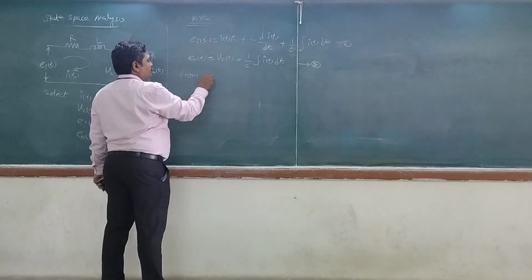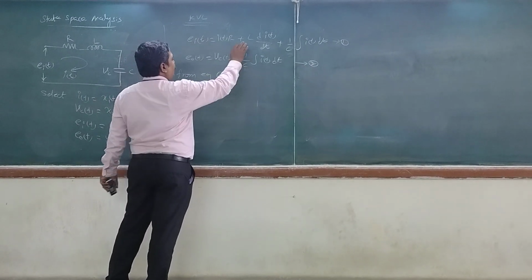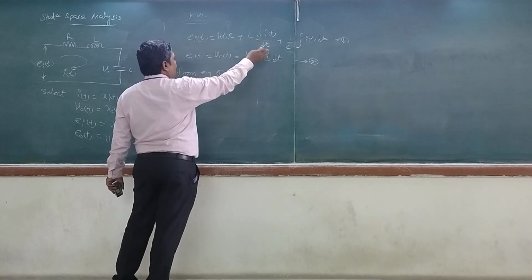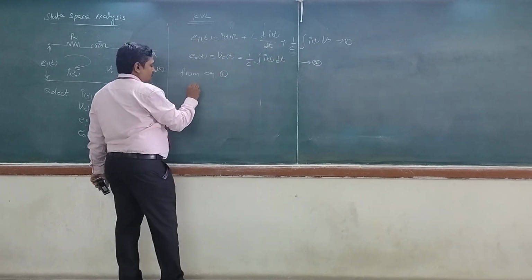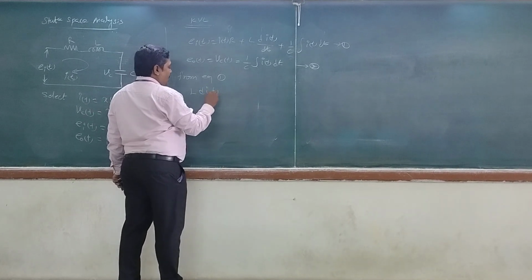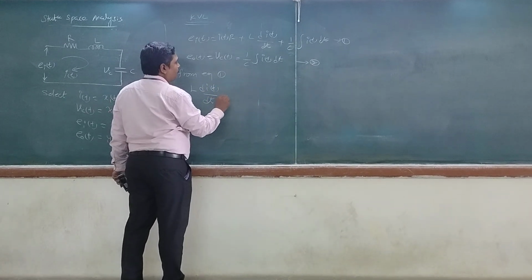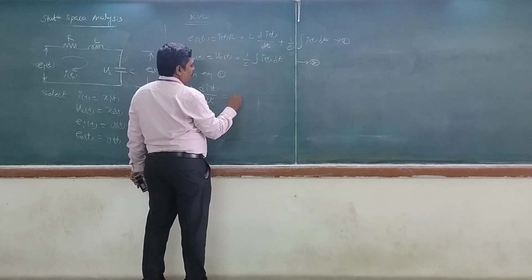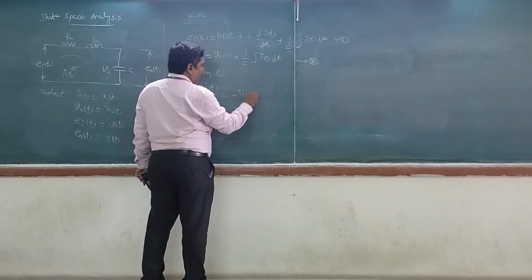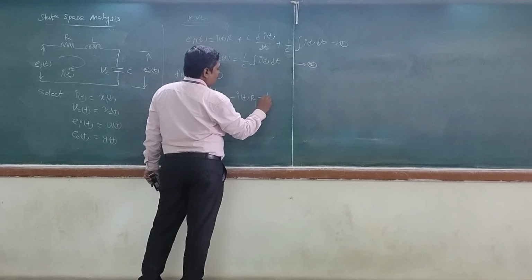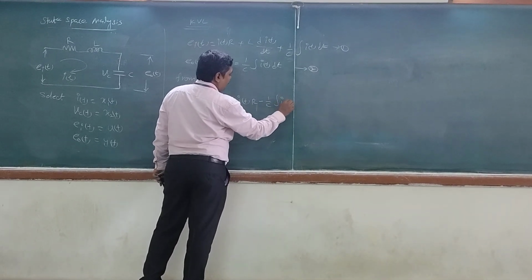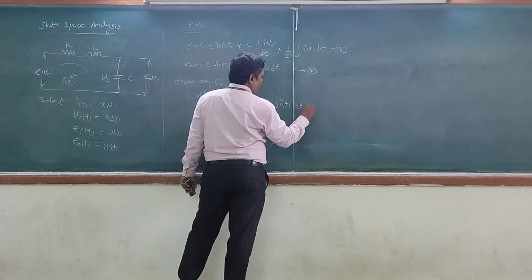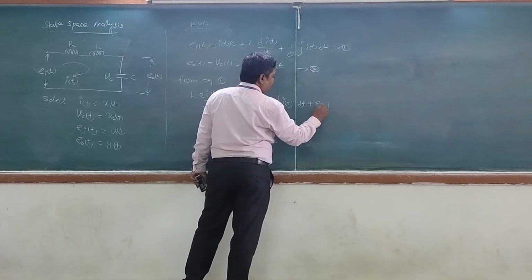From equation 1, keep L into di of t by dt on one side and bring all other terms to the other side. So L di of t by dt is equal to minus i of t into R, minus 1 by C integral of i of t dt, plus e_i of t.